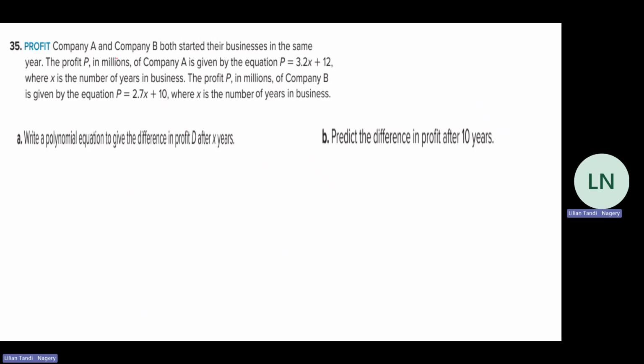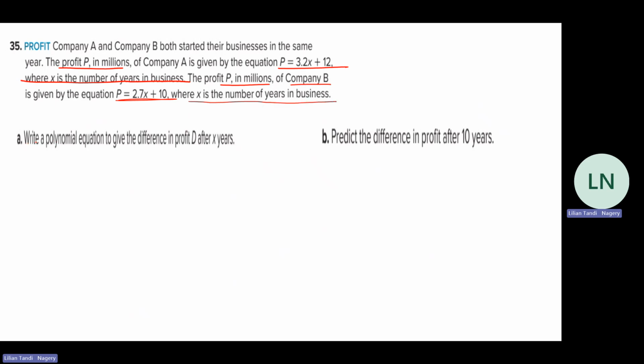Company A and Company B both started their businesses in the same year. The profit P in millions of Company A is given by this equation, where X is the number of years in business. The profit P in millions of Company B is given by this equation, where X is the number of years in business.